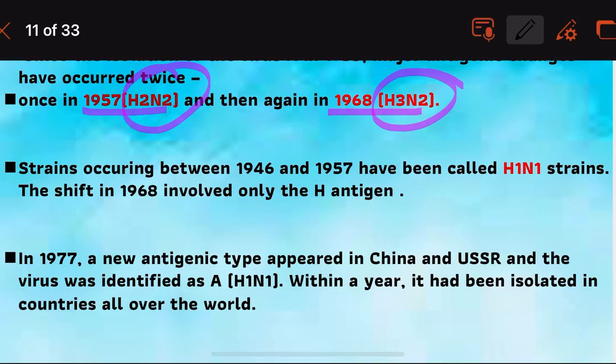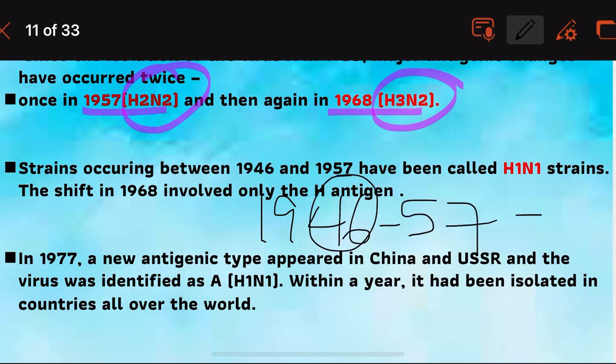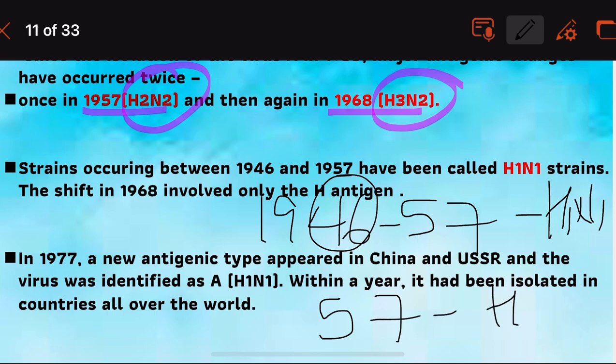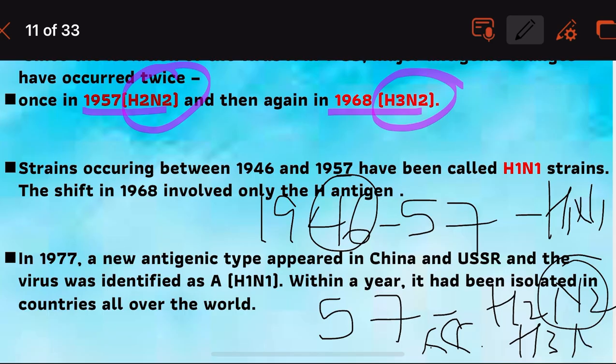H1N1 was in 1946 to 57. From 57, we had H2N2. And then in 68, we had H3, but the N2 didn't change. N2 remained the same, so the changes were only in the H antigen.